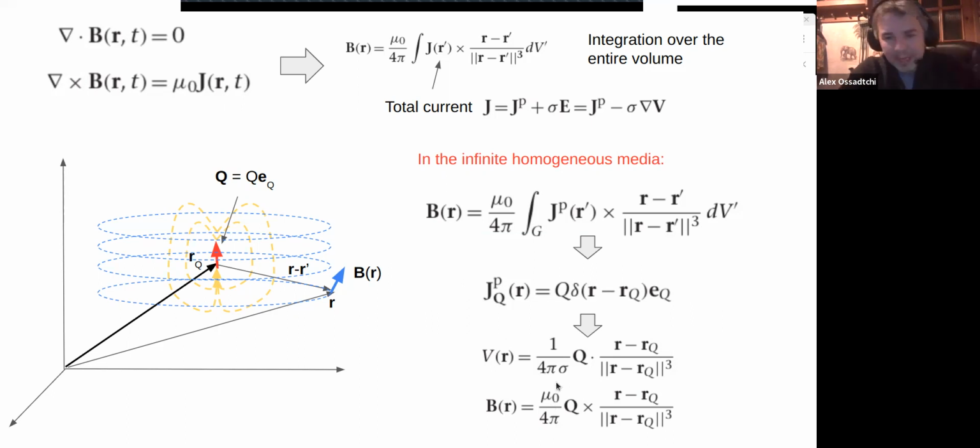That's all. So basically, in the homogeneous media, we have arrived from a very general set of equations at a very particular equation, which is basically from your school years.